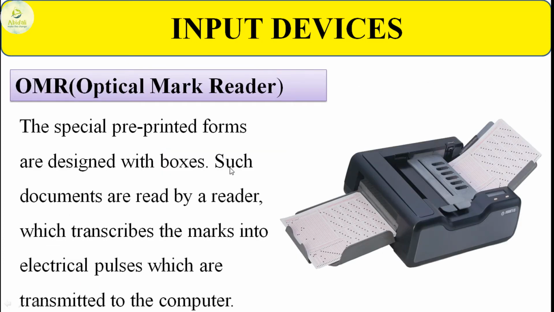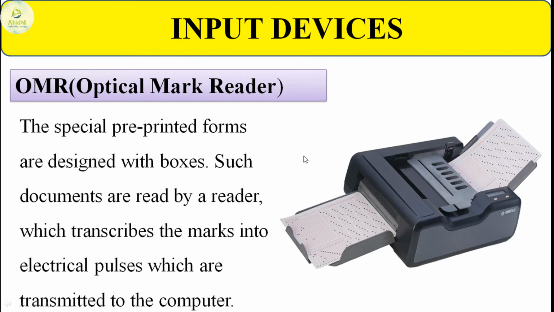The next kind of input device that we will be exploring is the OMR. Many of you have dealt with OMR in your schooling also, but in competitive exams, the entire exam consists of multiple choice questions, each with 4 choices and a question.